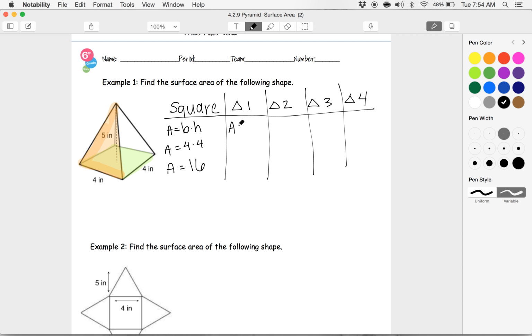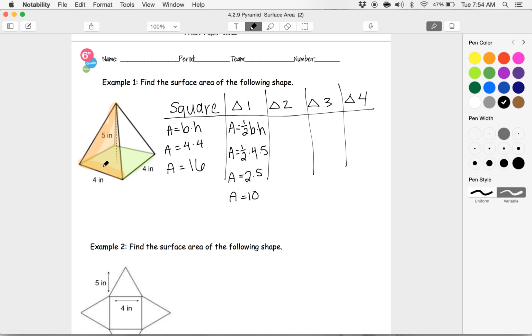Area equals 1 half base times height. Remember, the triangle has a half put in. So it looks like my base is 4, my height is 5. Area equals 1 half times 4 times 5. We're going to do half of 4. Area is 2 times 5. Area is 10.